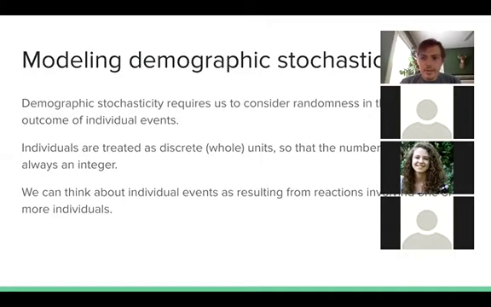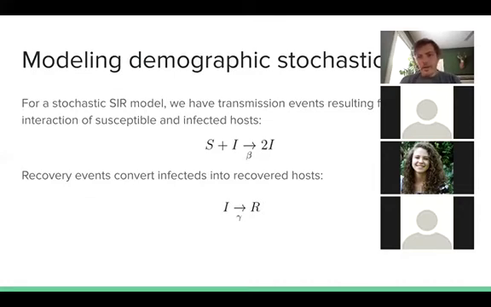And we'll start thinking about processes happening in a population of individuals in the same way as reactions occurring amongst whole numbers of individuals. So we can think about our SIR model, our base SIR model without any host demography from last week, in terms of a stochastic SIR model with demographic stochasticity. And so really there's two types of events or two types of reactions that can occur in such a model.